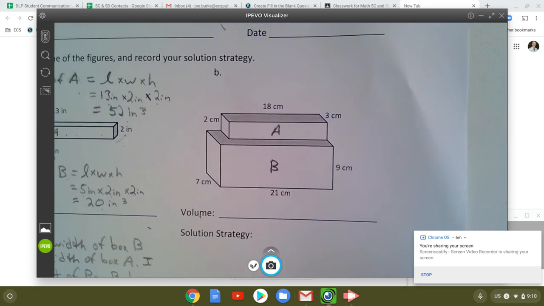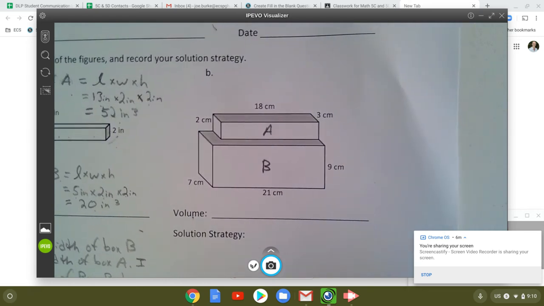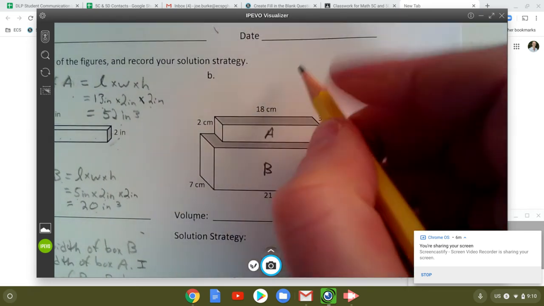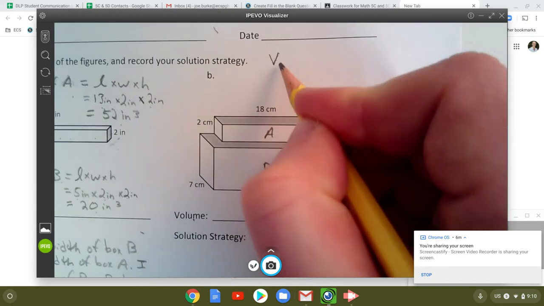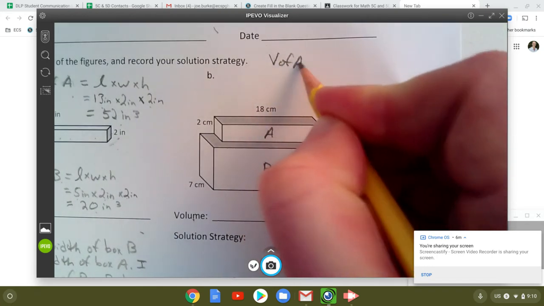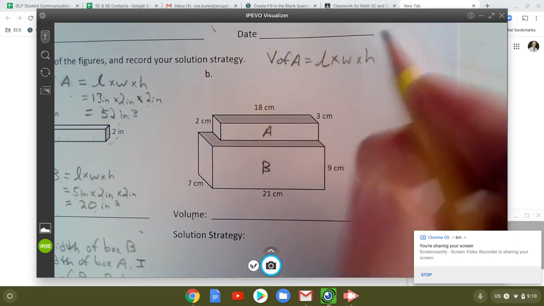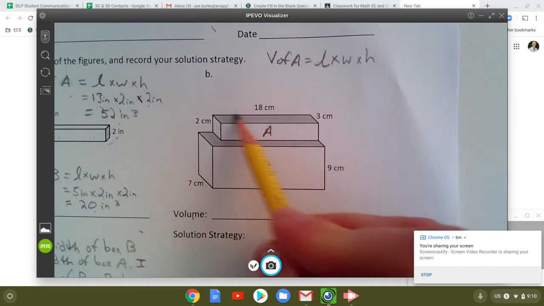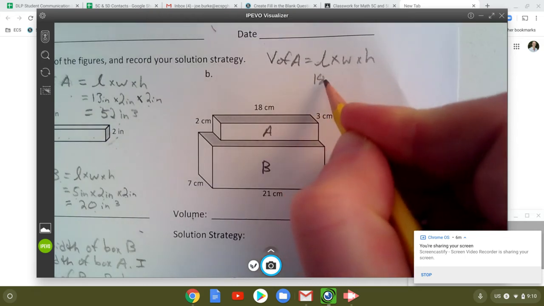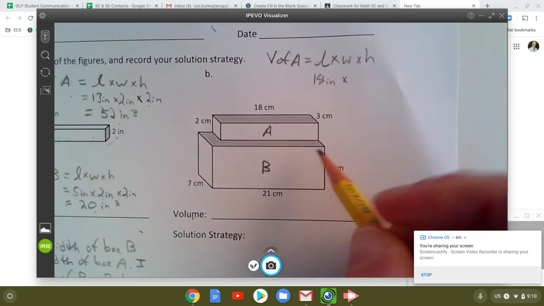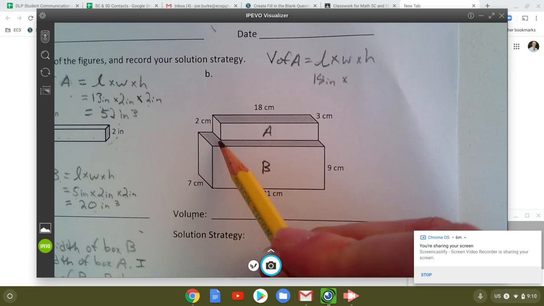the length, width, and height of each box. So volume of A, length times width times height. Do I have the length? Yes, 18. Do I have the width?